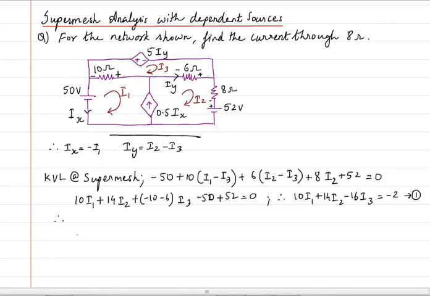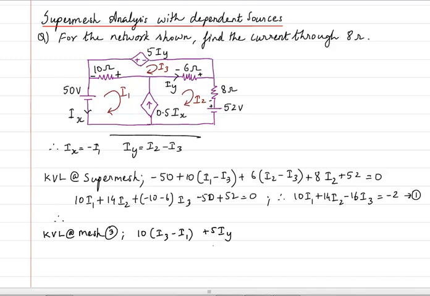So this is going to be KVL at mesh 3. KVL at mesh 3: 10 (I3 minus I1) plus 5 IY.